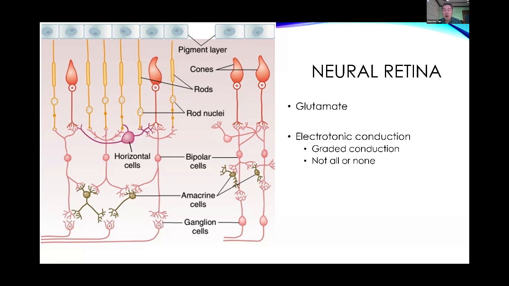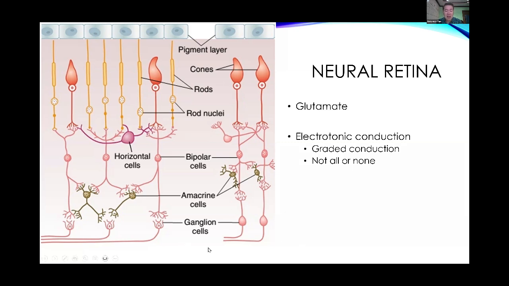When I say electrotonic conduction, it is not all or none. It is therefore a graded conduction. So all layers of the cells in the retina will make use of electrotonic conduction except the ganglion cell.